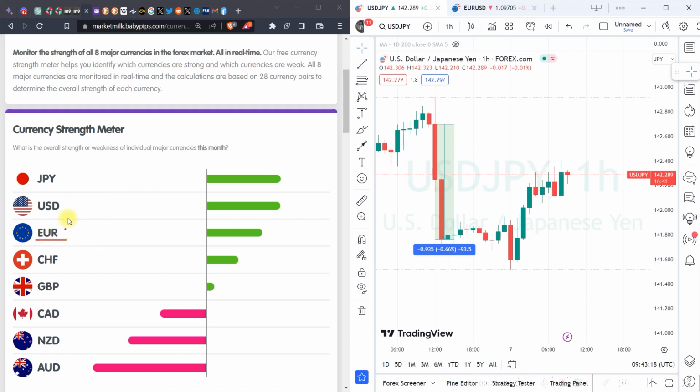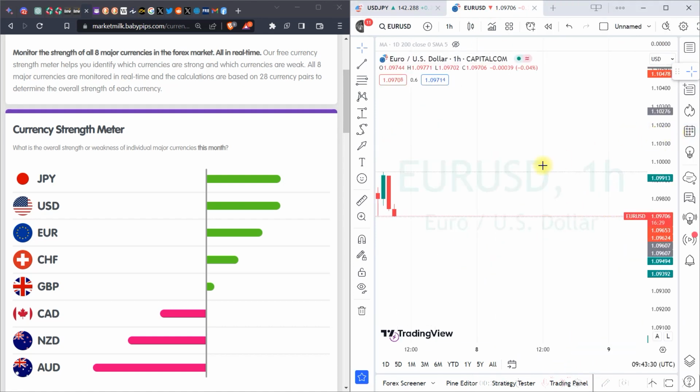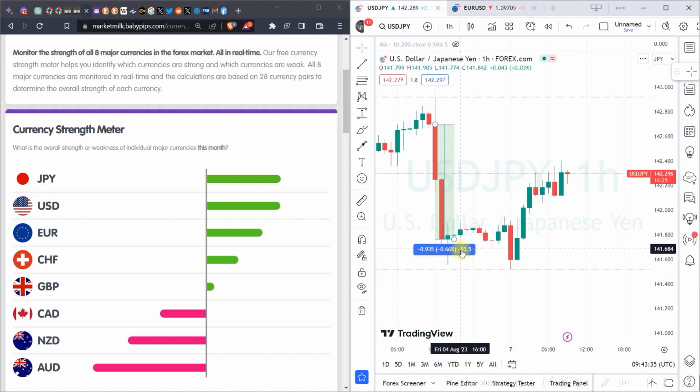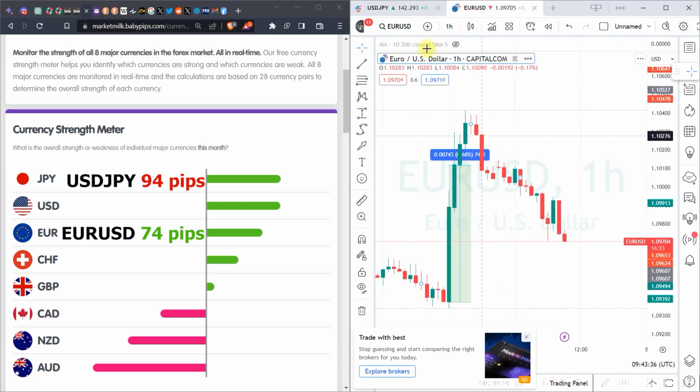Euro is also strong, but not as strong as the yen. That's why there's this difference in the degree of the move. Here was 93 pips. When you go to the Euro USD, the move there was 74 pips. If you pair the weak currency versus the strongest, that's how it goes.